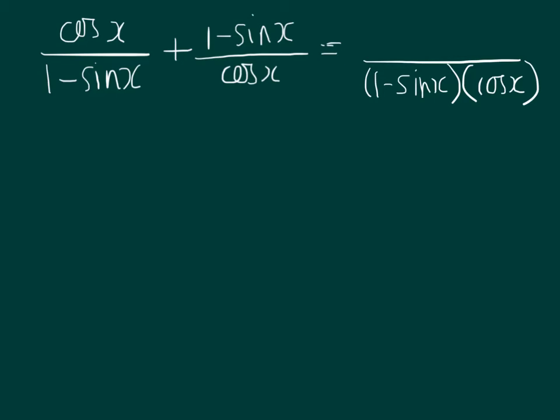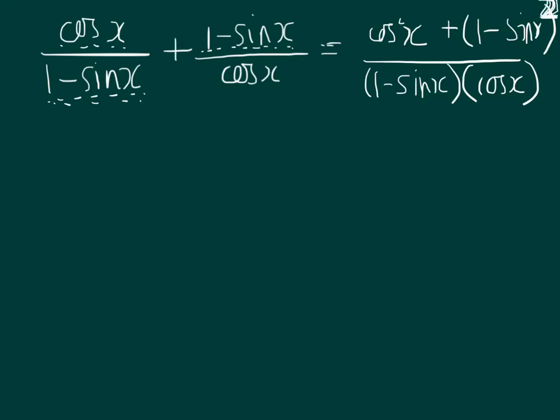To get the bottom to be that, we have to multiply the top by cos x, which gives us cos squared x. And then what did we multiply the other term by? Well, we multiplied it by this. So then we've got plus 1 take sine x all squared. Can't really see my squared, but it is definitely there.